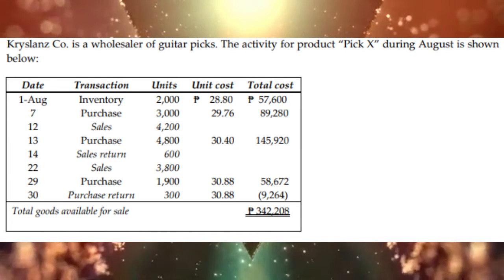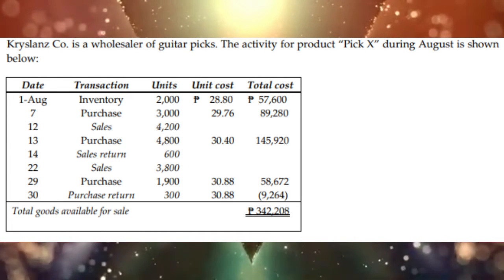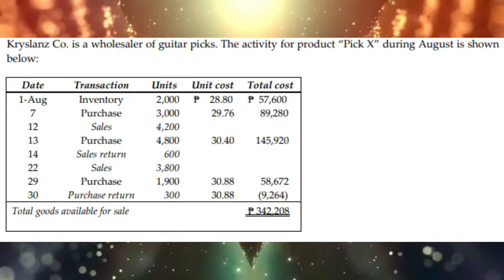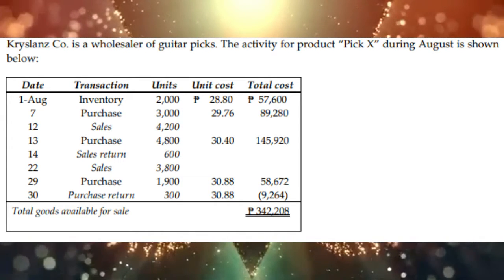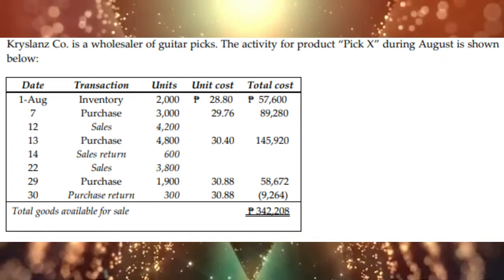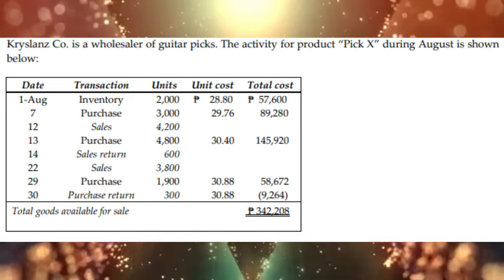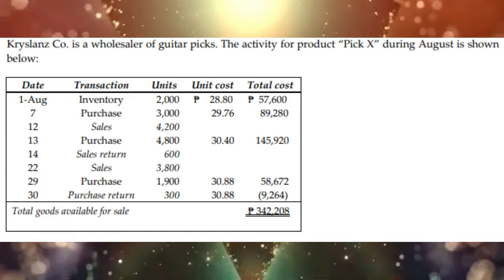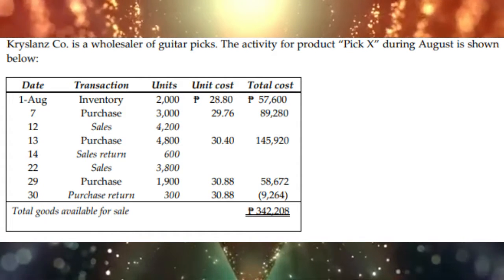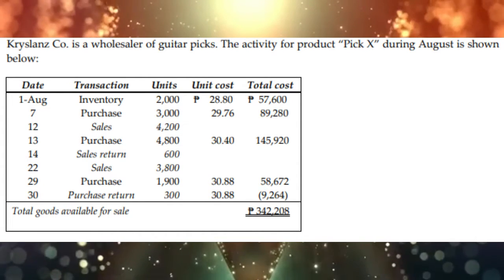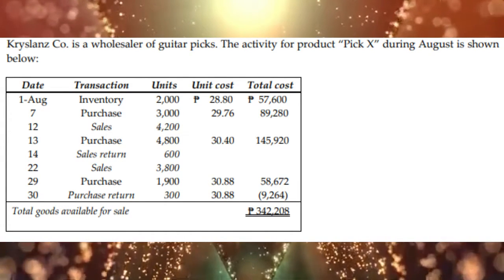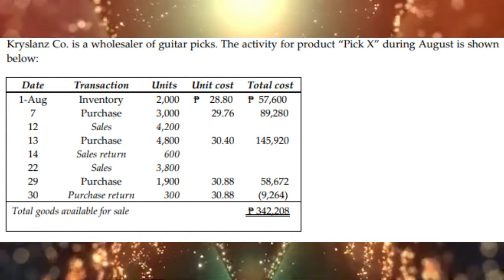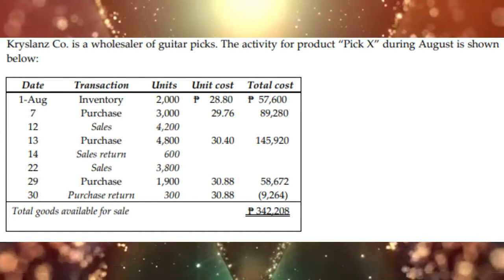From August 22, it has a transaction of sales. Its units is 3,800. From August 29, it has a transaction of purchase. Its units is 1,900. Its unit cost is 30.88 pesos, and its total cost is 58,672 pesos. Lastly, from August 30, it has a transaction of purchase return.